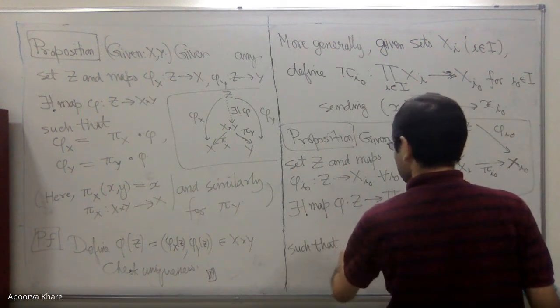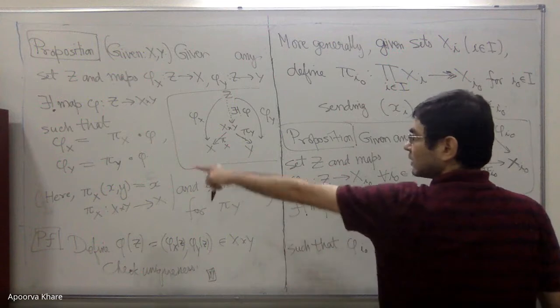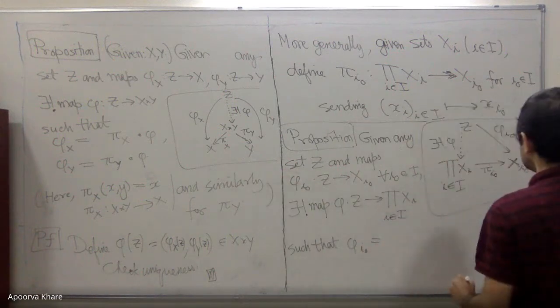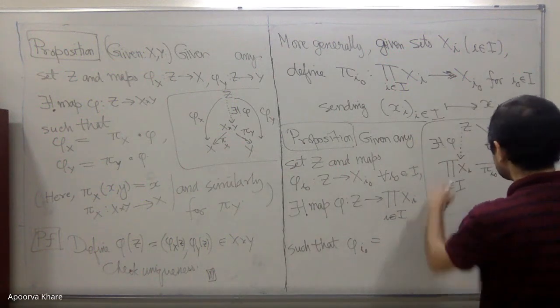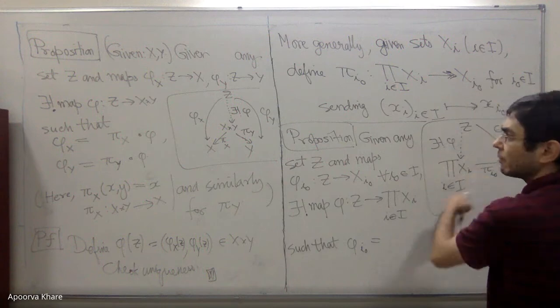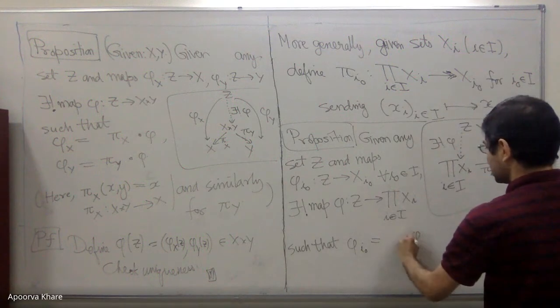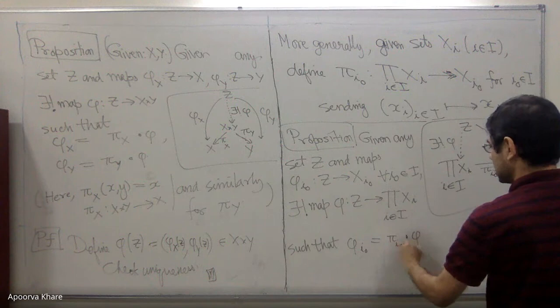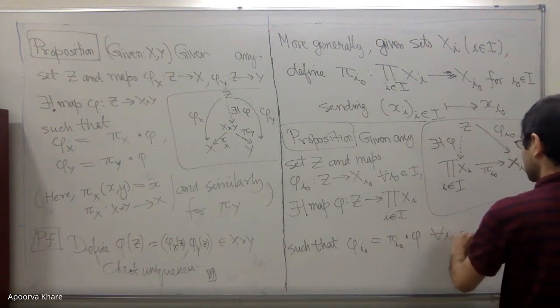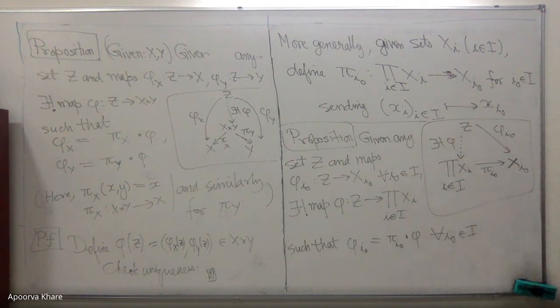So that phi_i0 is equal to, first you take the phi and then you take the pi. And this should happen for every single factor.